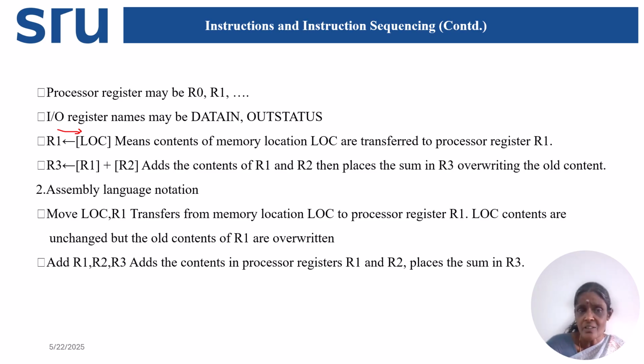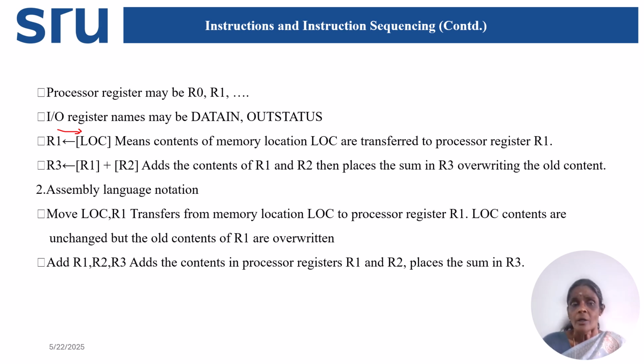And in the second statement, R3 gets R1 plus R2. R1 and R2 are nothing but processor registers. So the R1 register content and the R2 register content are added together, and the final result is stored in the processor register R3.